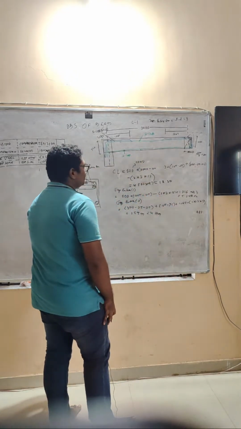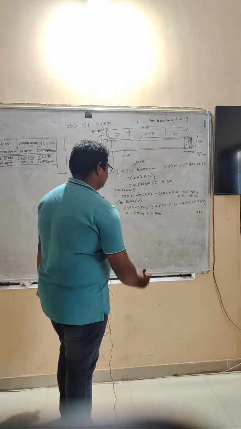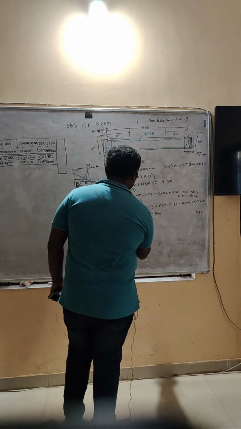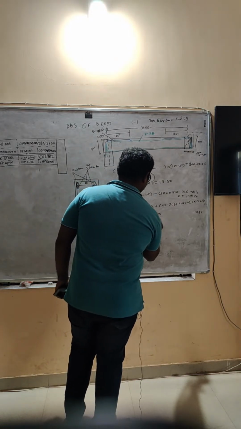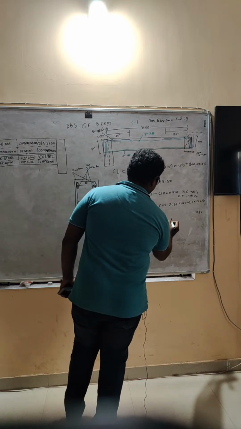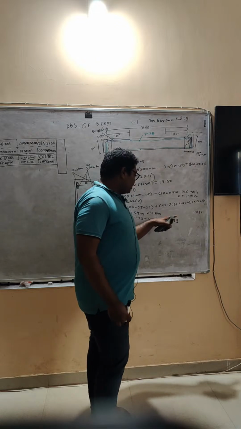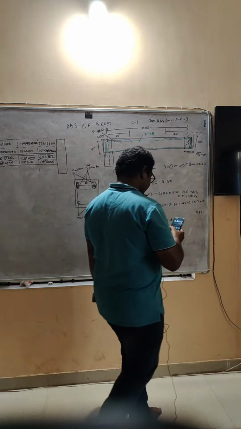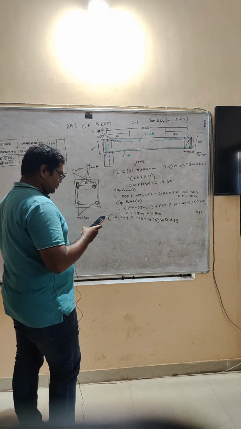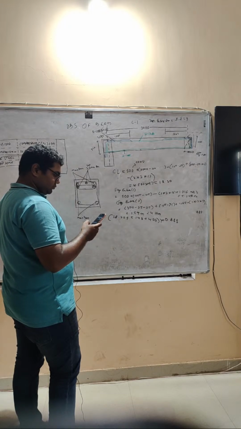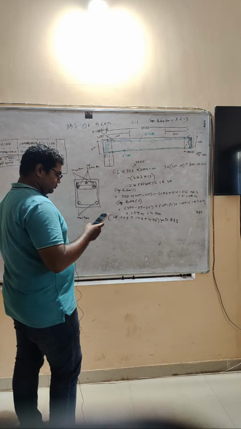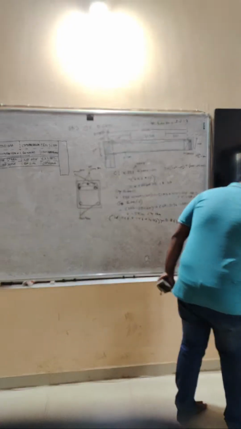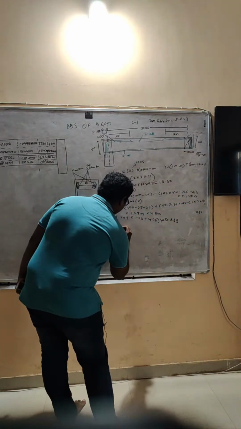Now we'll proceed to calculate the total weight of iron required here. 5.148 plus 4.77 into 0.888, where 0.888 is the unit weight of our 12 mm dia rods. So the total weight of our rod is 25.057 kg.